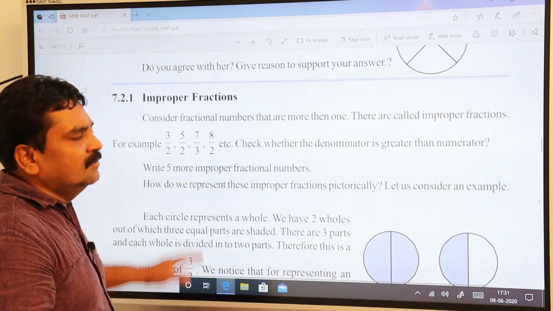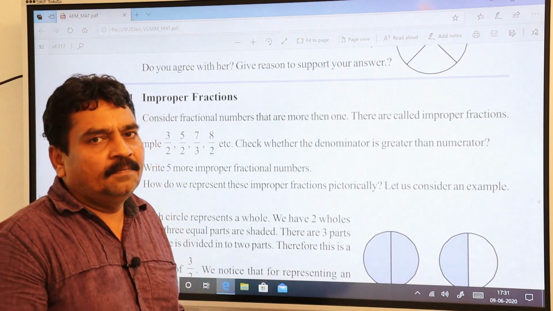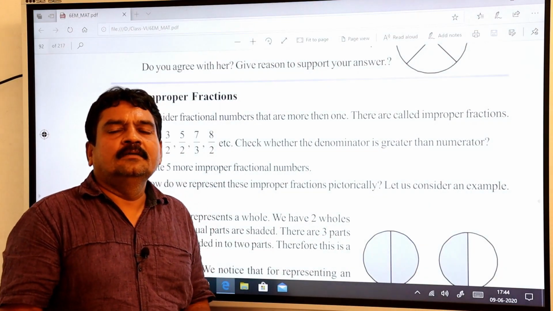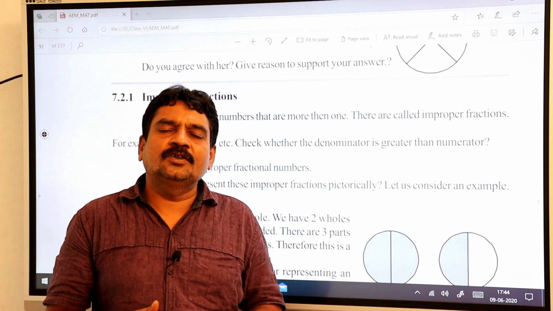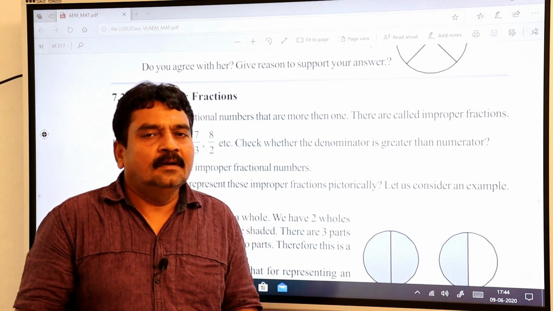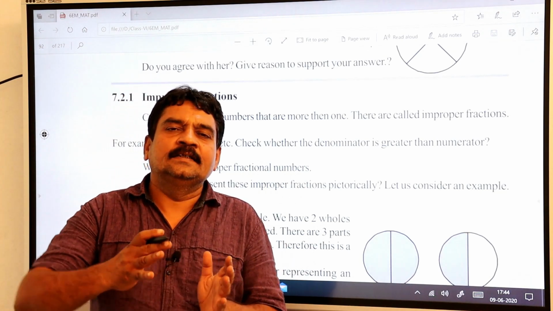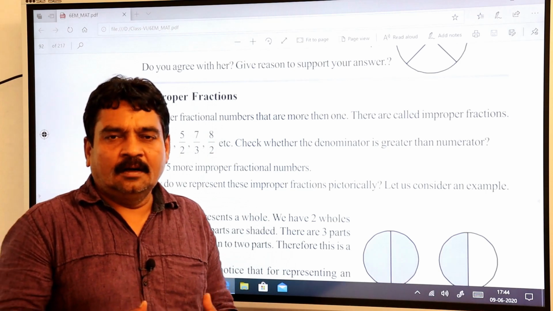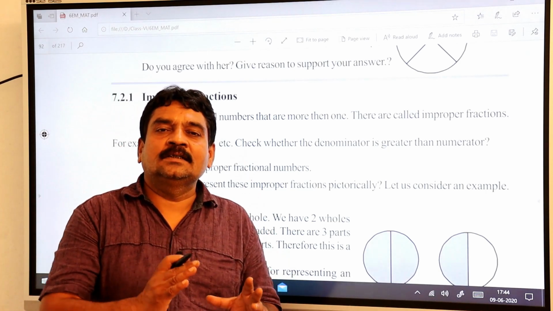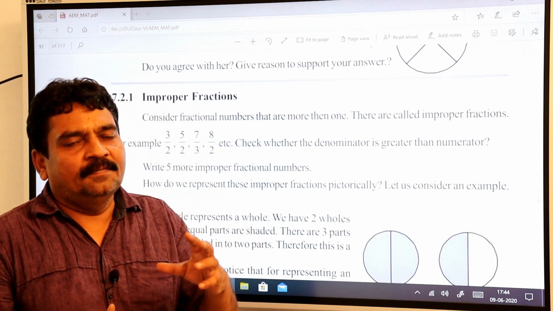I have already explained what an improper fraction is. Now we'll study improper fractions, and I'll explain the definition once again. When the numerator is more than the denominator, or the fraction is greater than 1, you call it an improper fraction.